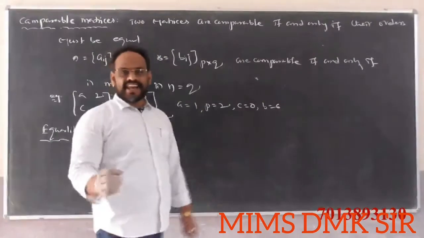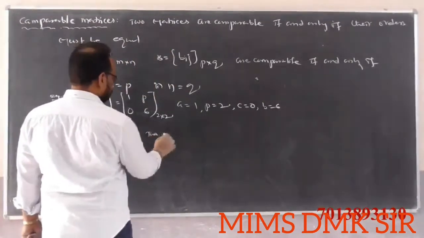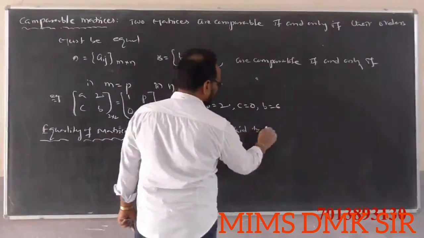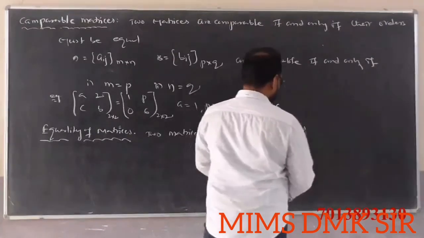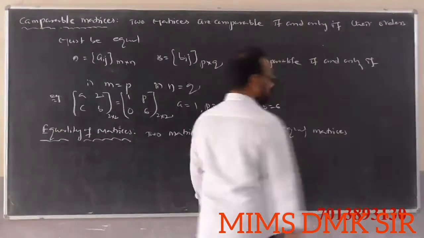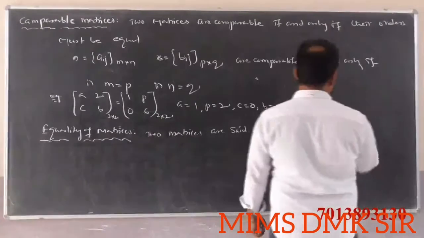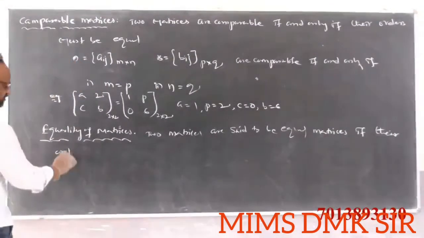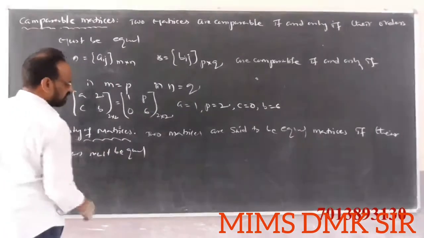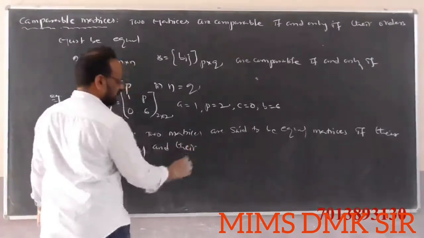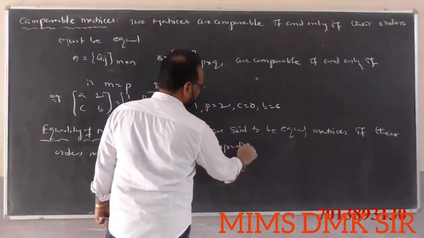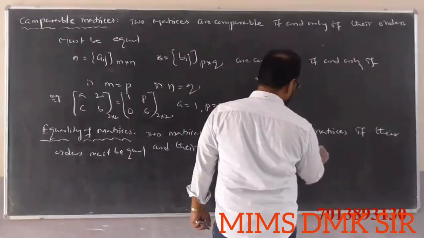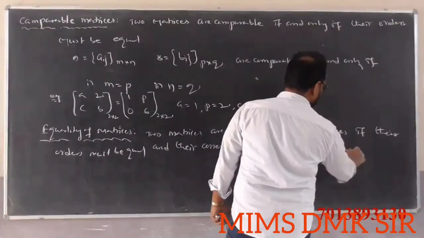Equality of matrices means two matrices A and B are said to be equal matrices if their orders are equal and their corresponding elements are also equal.